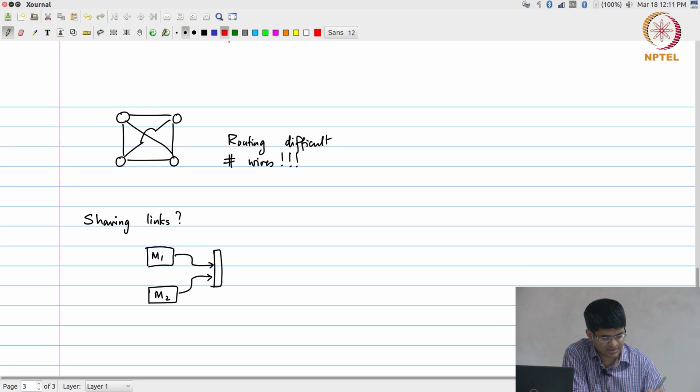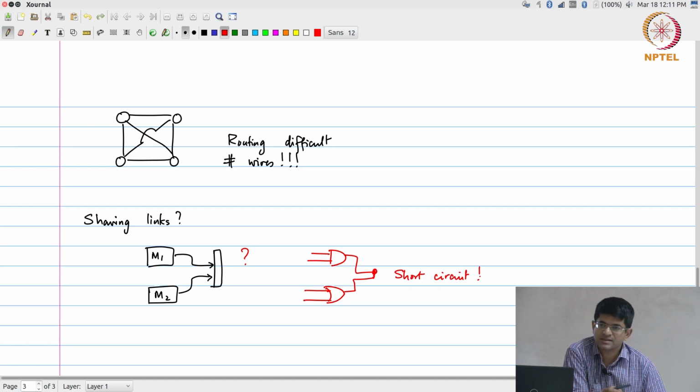How do I do this? Let us say that I have an AND gate, I have another OR gate, and I just take both of these and connect them up over here. This can essentially lead to a short circuit, okay. So it can't be done.